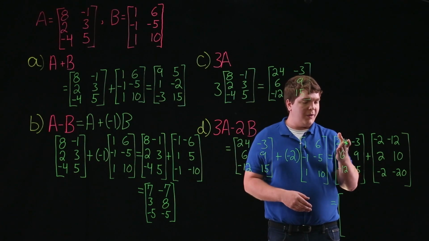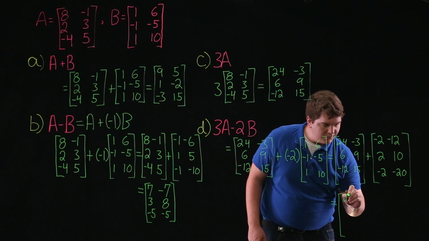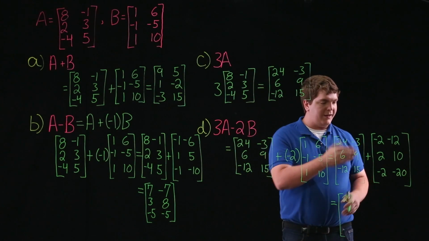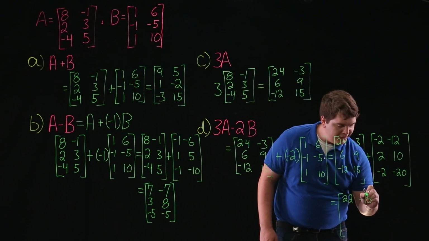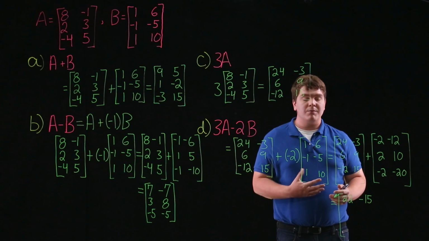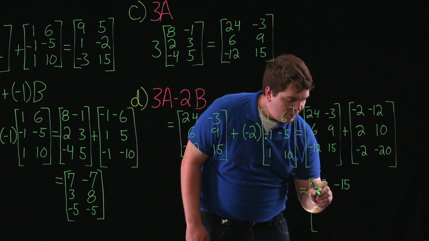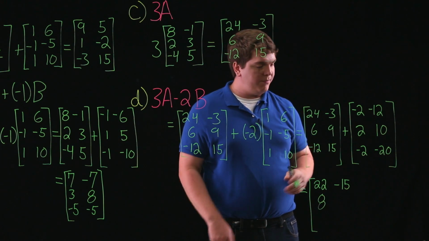So begin by adding 24 and negative 2 will give us a 22 in the first row, first column. Adding negative 3 and negative 12, we have a negative 15 in the first row, second column. Adding 6 and 2, we'll have an 8 in the second row, first column.